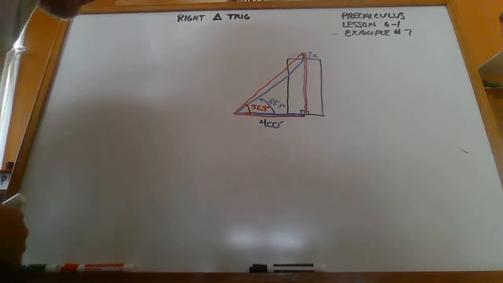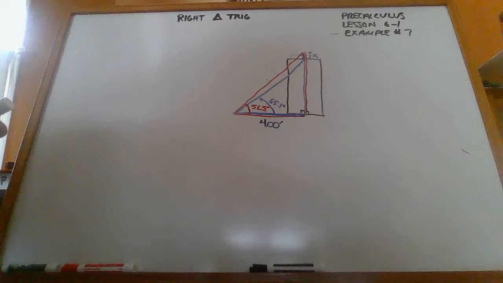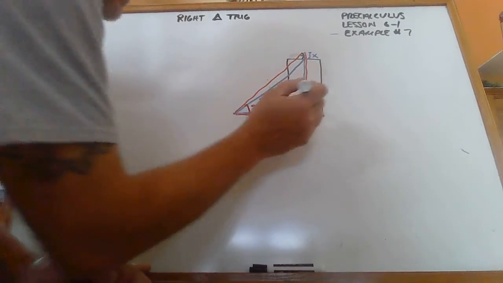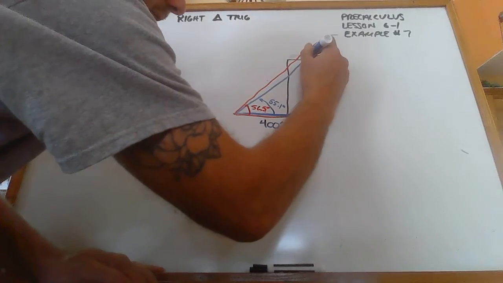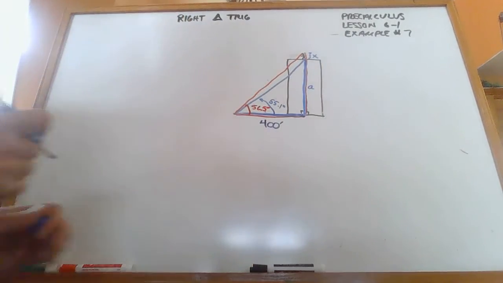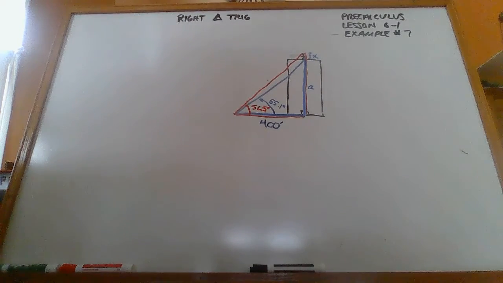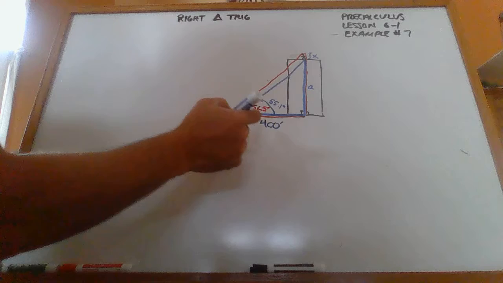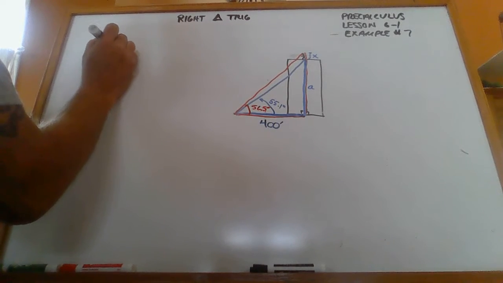Okay, so the first thing that I need to calculate is, what is A over here? What is the distance from here down to here? So I'm going to use the blue triangle. I want the side opposite. I have the side adjacent. That tells me I'm going to use the tangent.